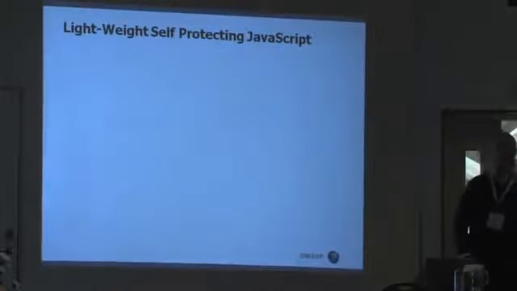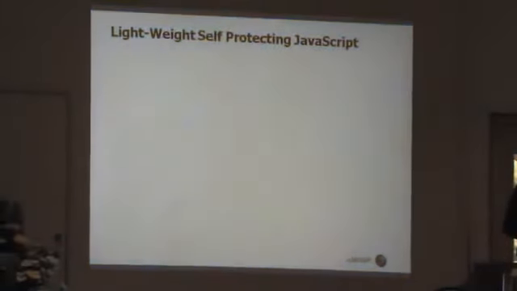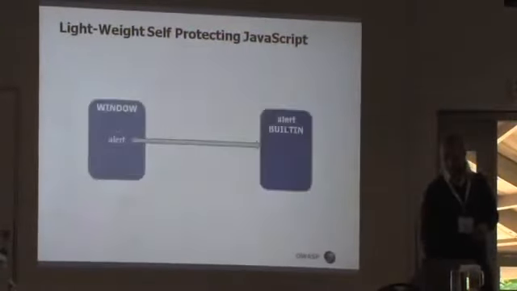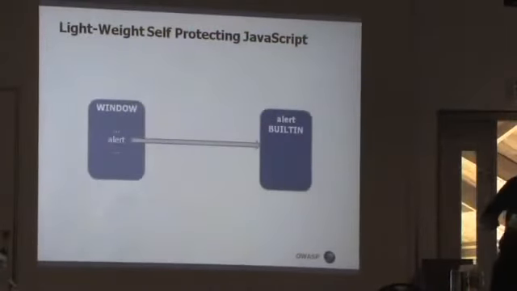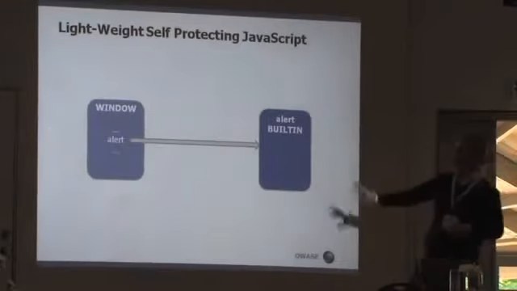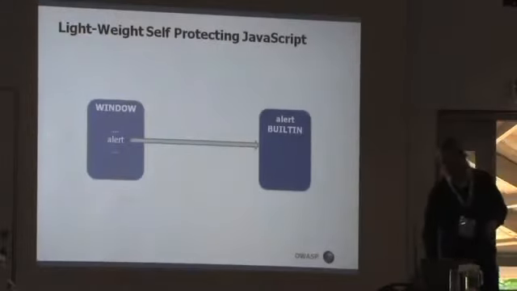Lightweight self-protecting JavaScript is an approach to mitigate cross-site scripting, so I'll briefly explain it. We have a number of built-ins in the browser, and the window object points to those built-in methods.